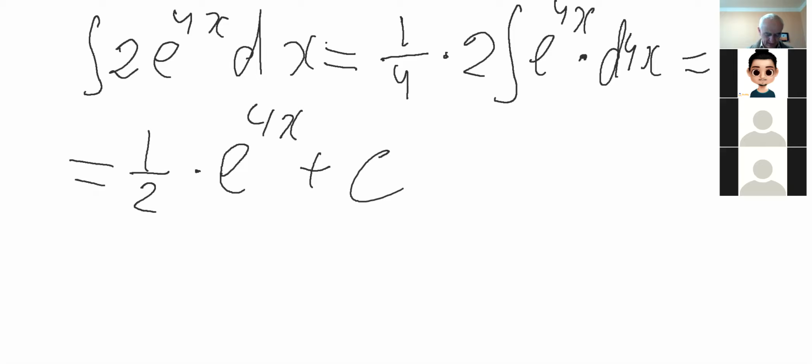Okay, next similar example: integral e to power minus x dx.